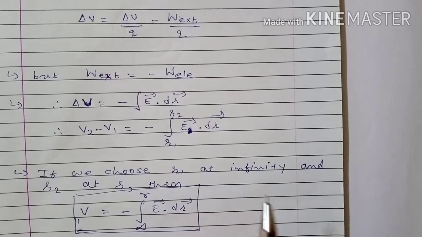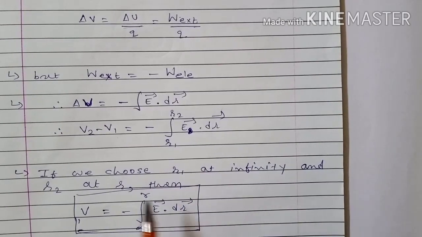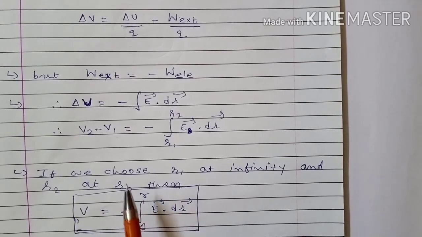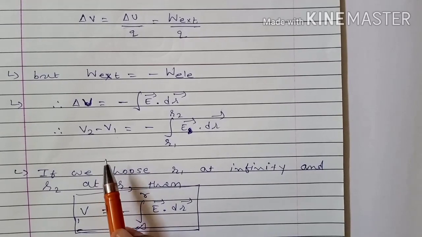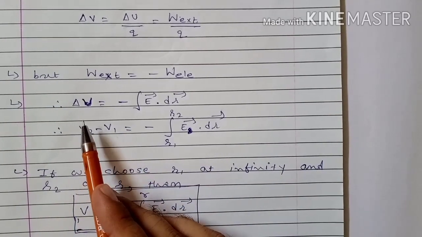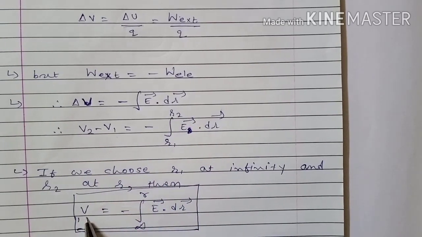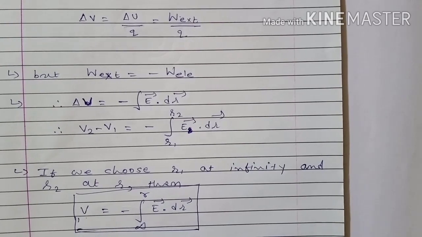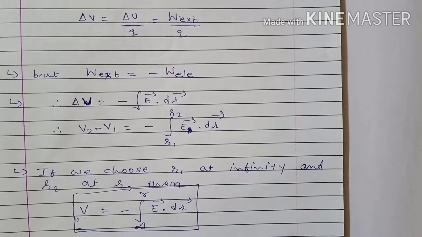If we consider R1 at infinity and R2 at R, then potential V1, that is potential at infinity, we have considered 0, so we take V1 as 0, and potential at R2, that is R, is V. So V minus 0 is equal to minus integration R1, that is infinity, to R2, that is r, E vector dot dr vector.